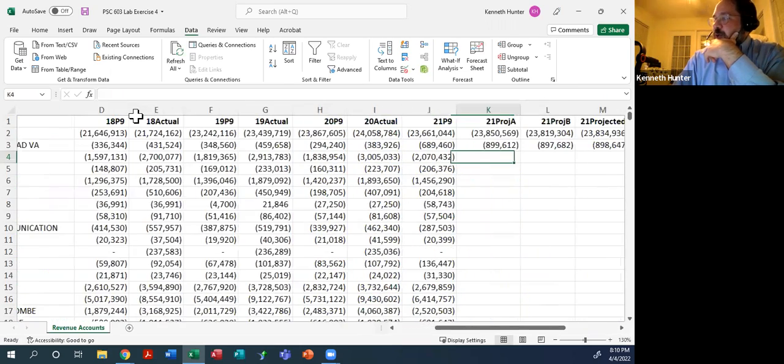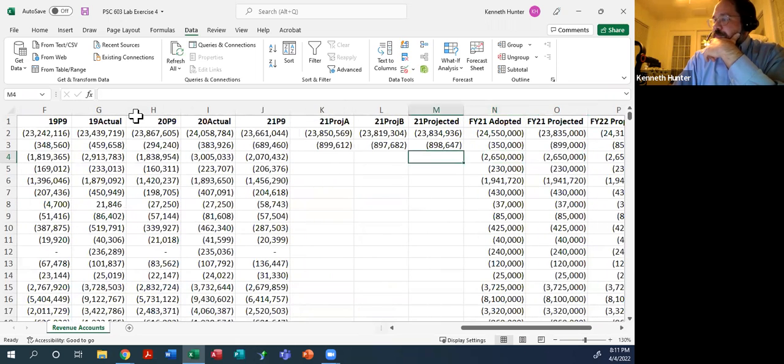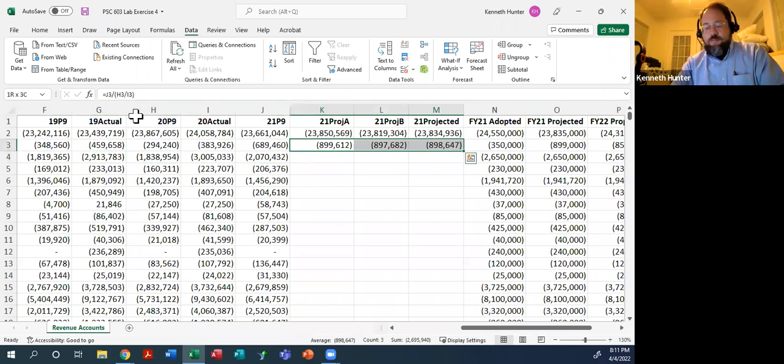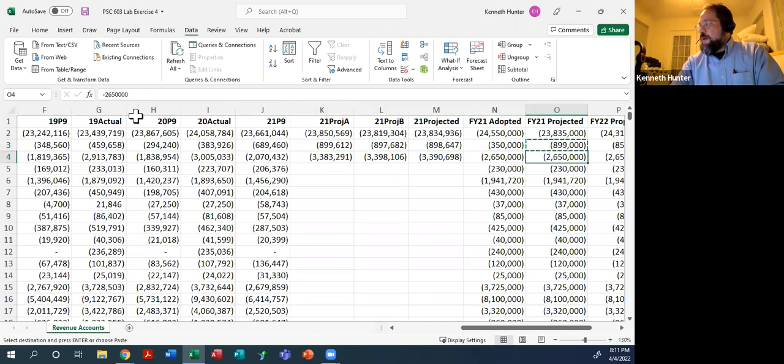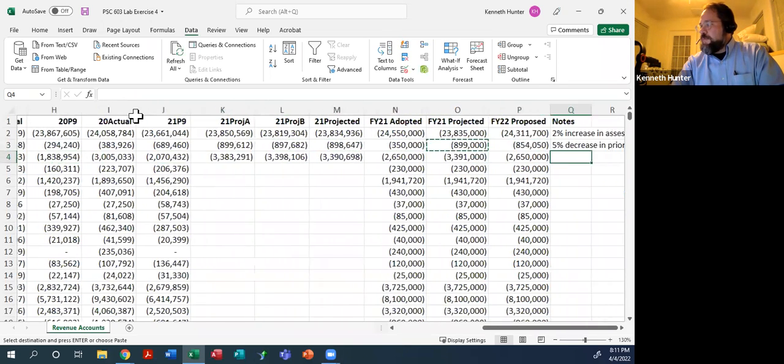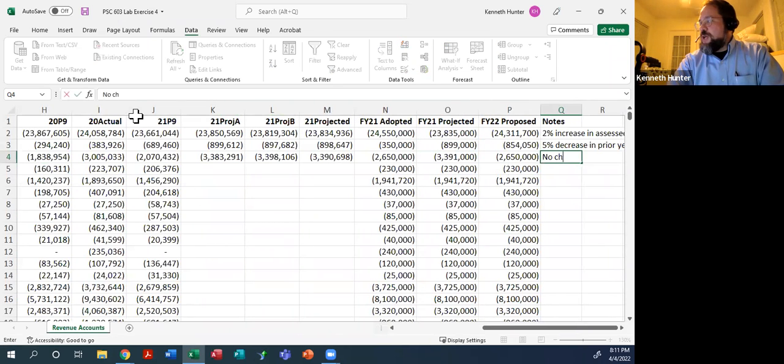Next one's vehicle taxes. So this one again, numbers look consistent. And as you can see here, it comes in at 3,390,000. Copy and paste my projected again. I'm going to say no change in vehicle taxes.